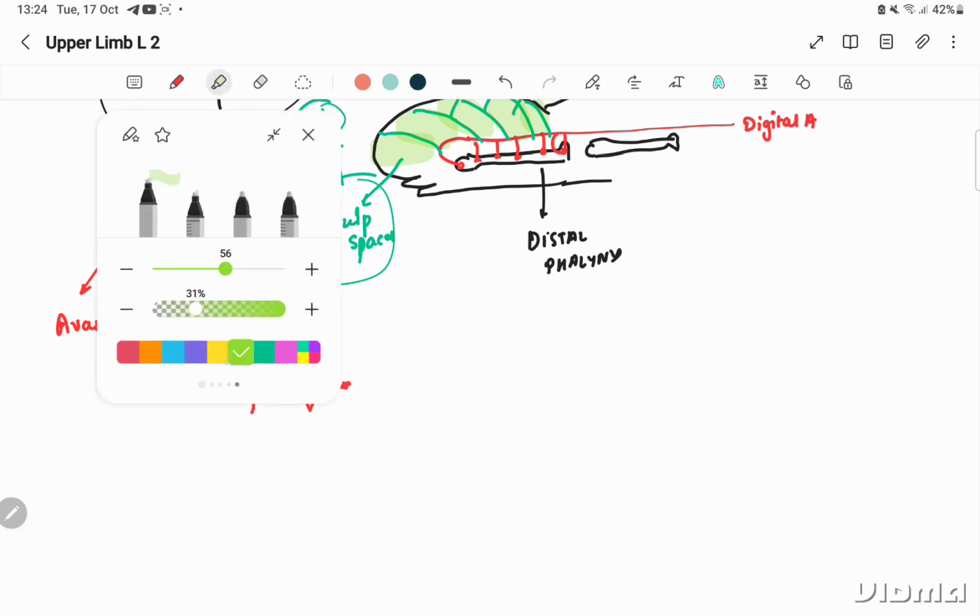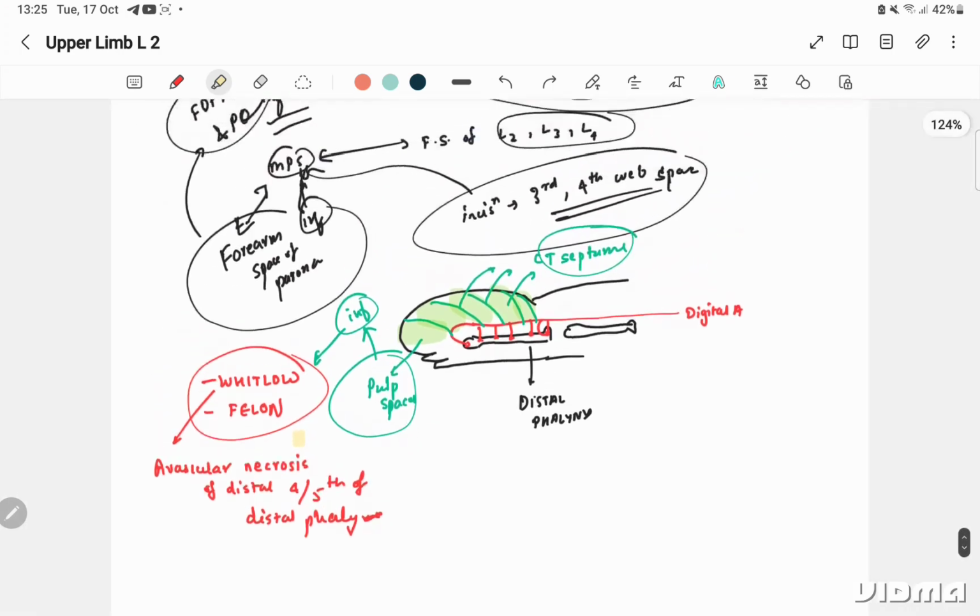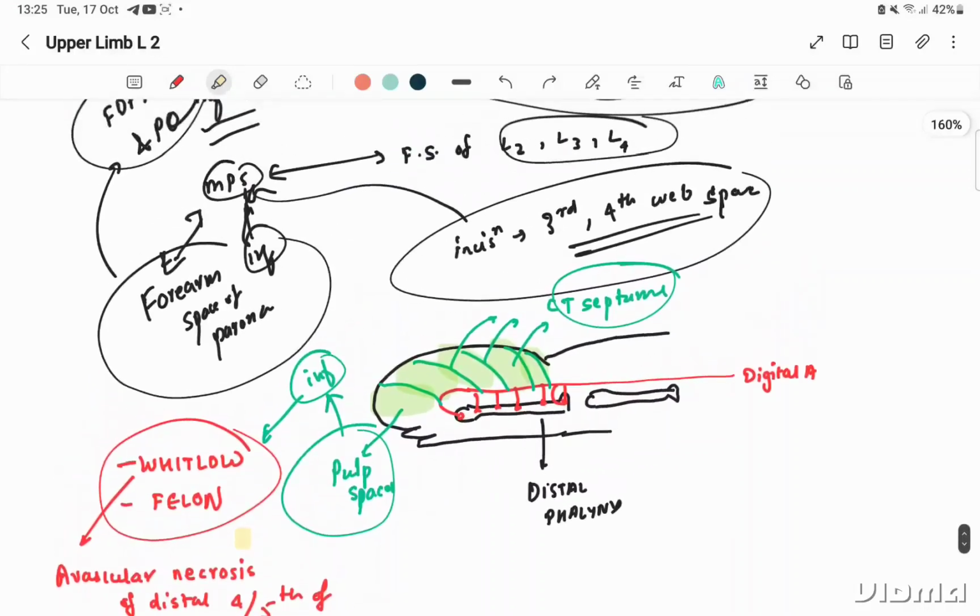Just I want to say this part, this whole part, 4/5, not the 1/5 that is lying not in the pulp spaces, but the part lying in the pulp spaces. This whole part is avascularly necrosed. Okay, so this is Whitlow, and Felon is also a pulp space infection.